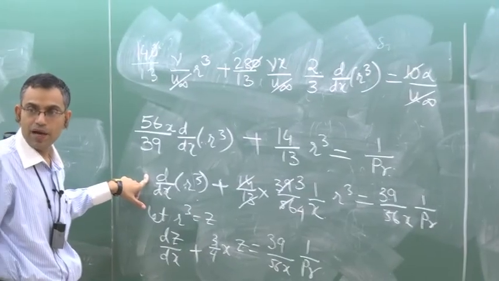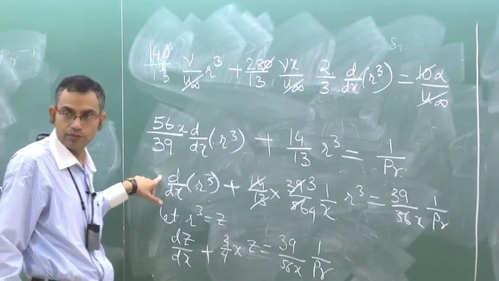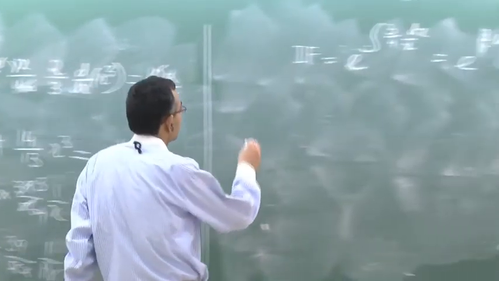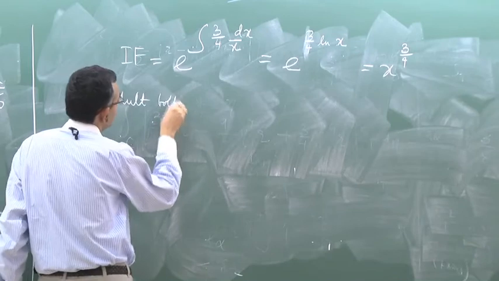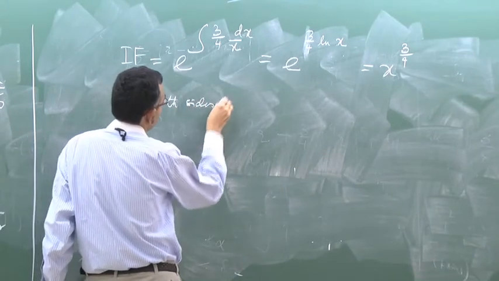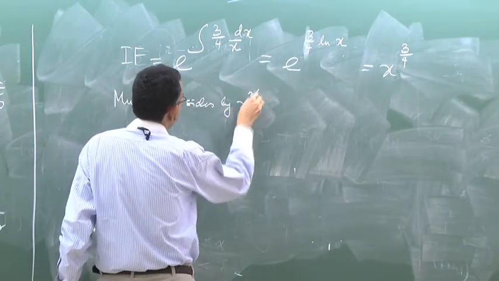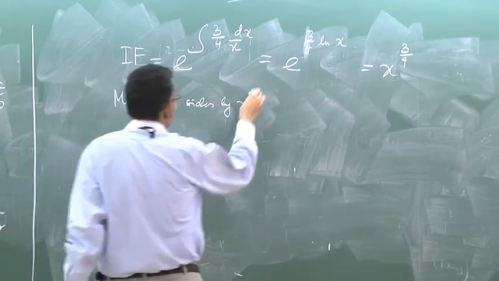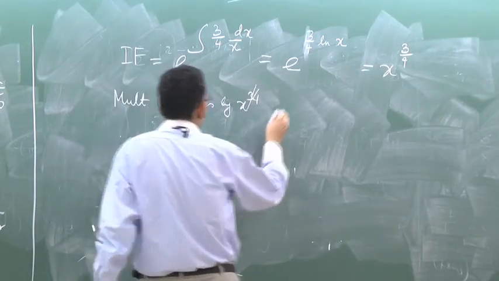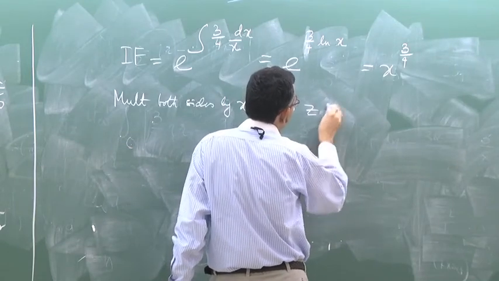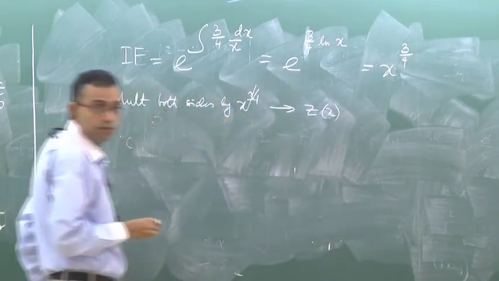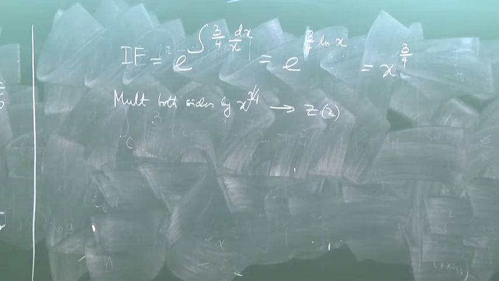So you multiply both sides by x to the power 3 by 4. And that should give you what is z as a function of x.